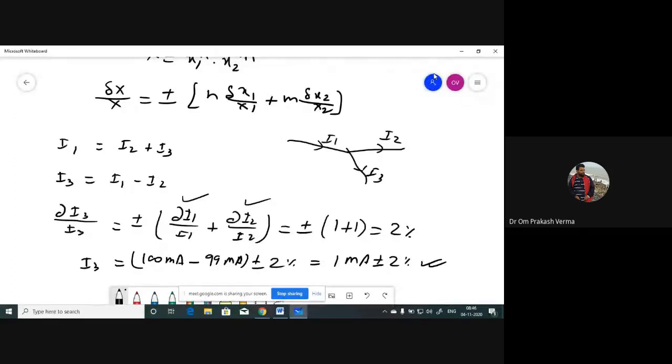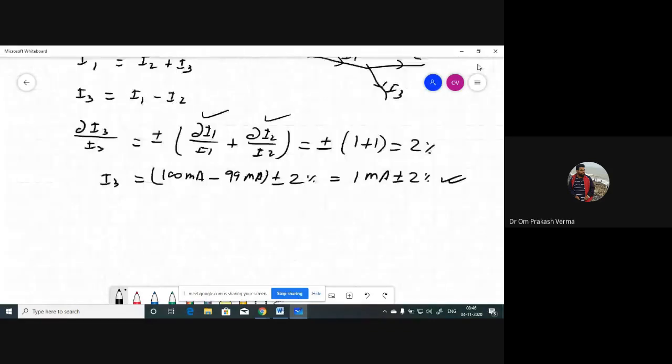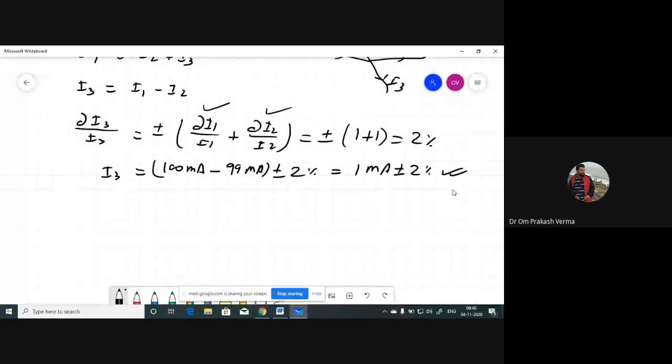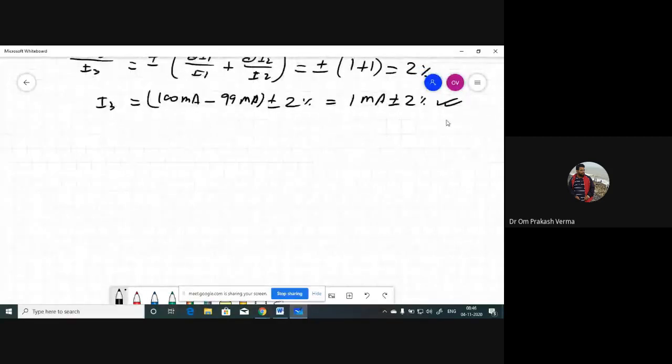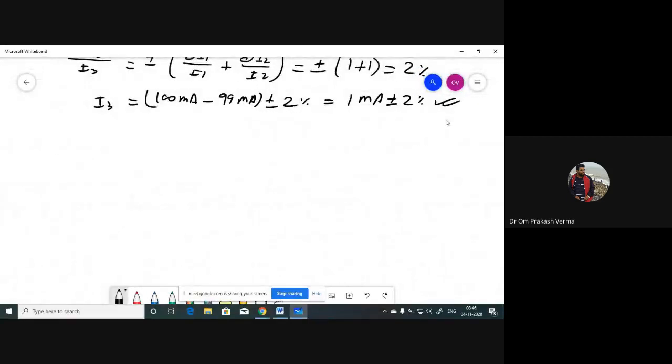Now, based on this numerical, one more question has already been asked in the GATE exam, especially for the instrumentation students. Try to solve this question.